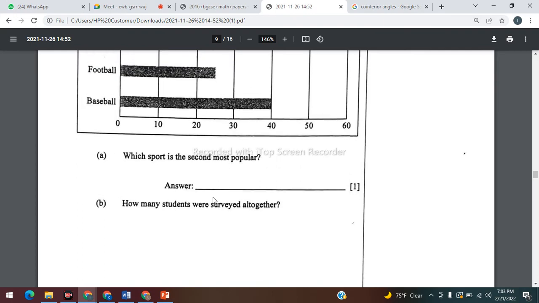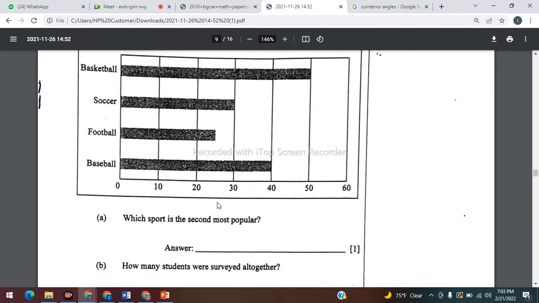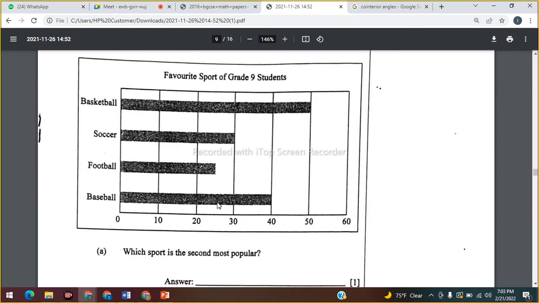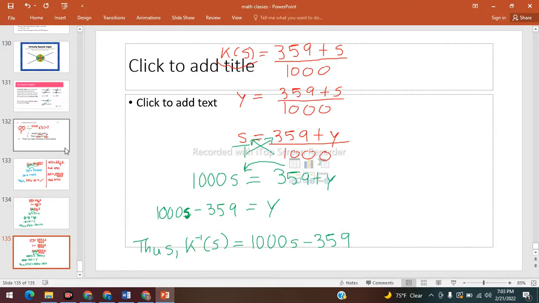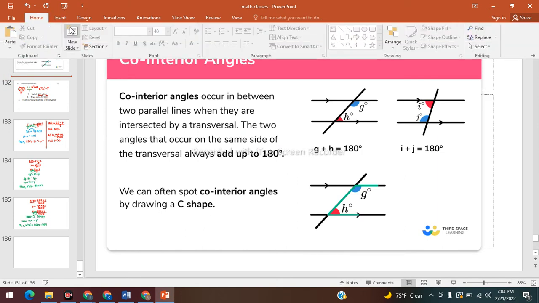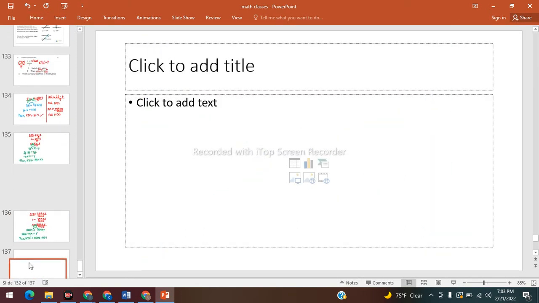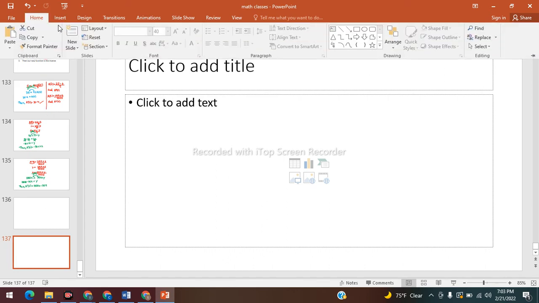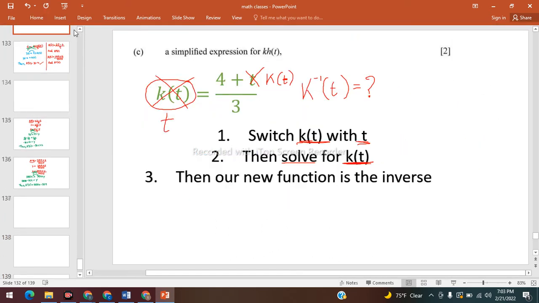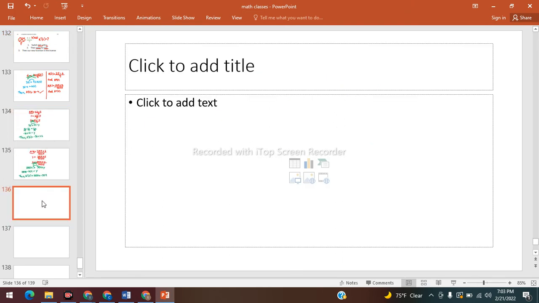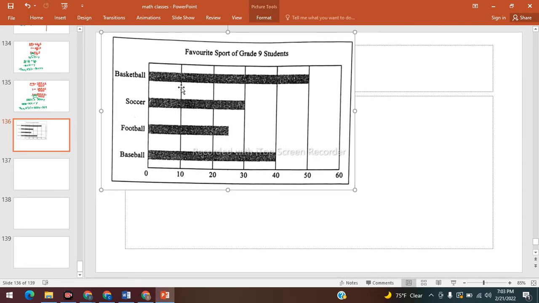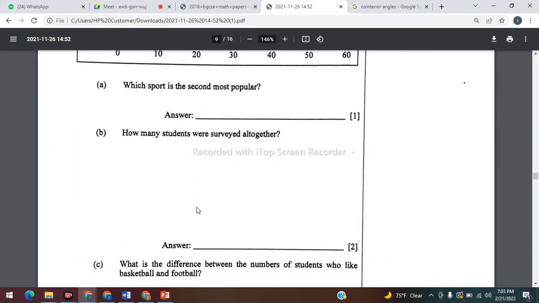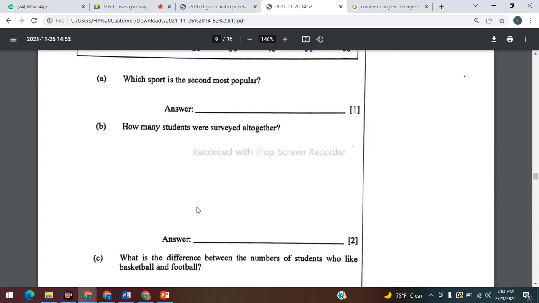All right, so it says, which sport? So let's do this one. So the first question asks, let's see if we can have it one on one.